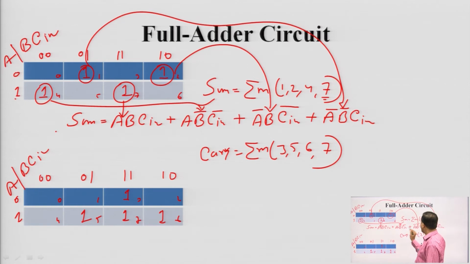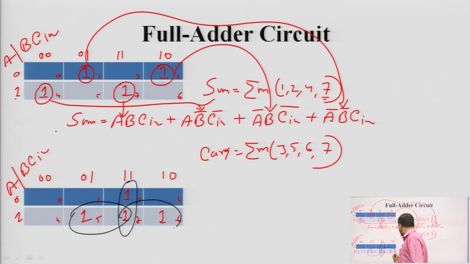So, now we have got the expression for sum, and now the expression for carry. Here we can group the ones. One grouping is this, one is this and one is this. We have 3 groups of ones. So, what will be the values?